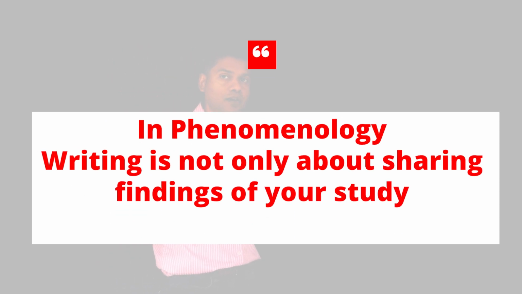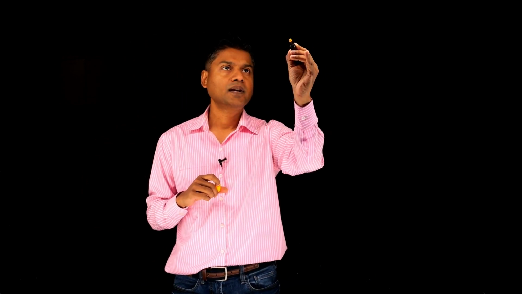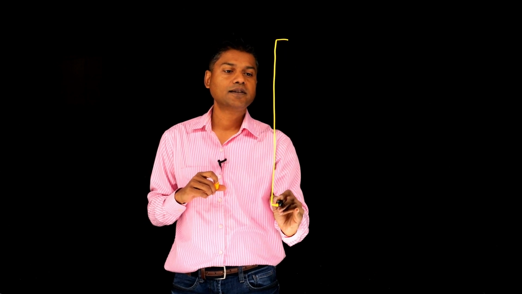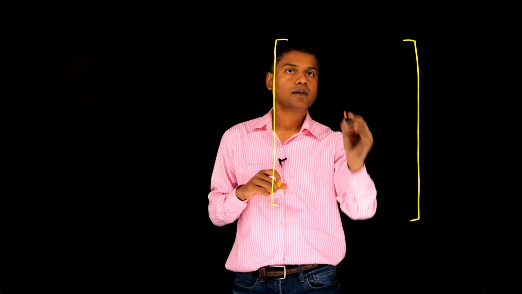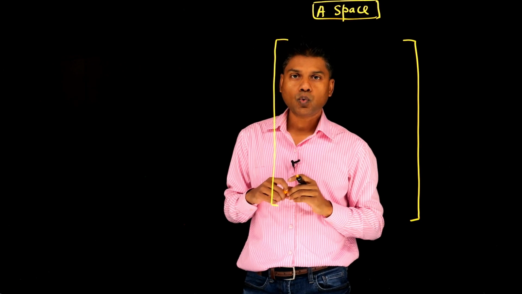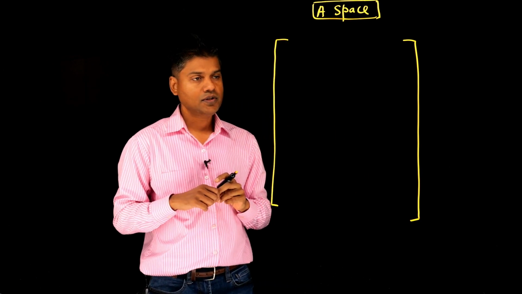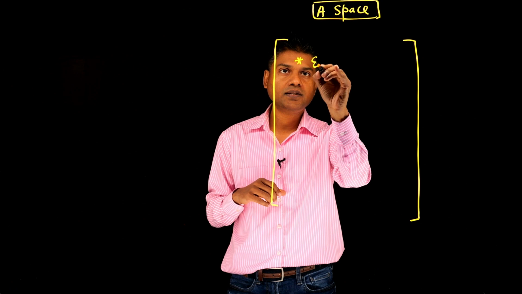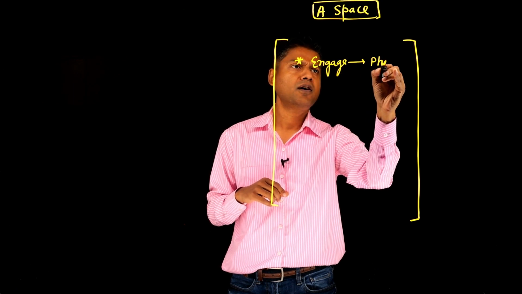So we are going to talk briefly about what is the purpose of writing in phenomenological research and how writing is used in the entire process of conducting a phenomenological research. Writing in a phenomenological context is a space where, as a researcher, you engage in the phenomenon.